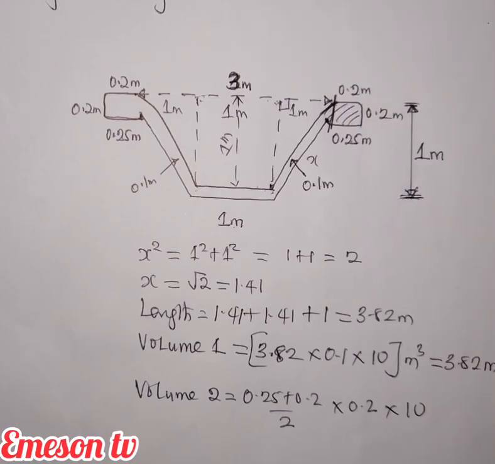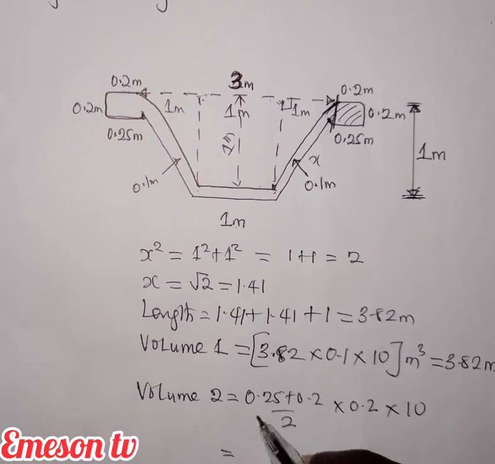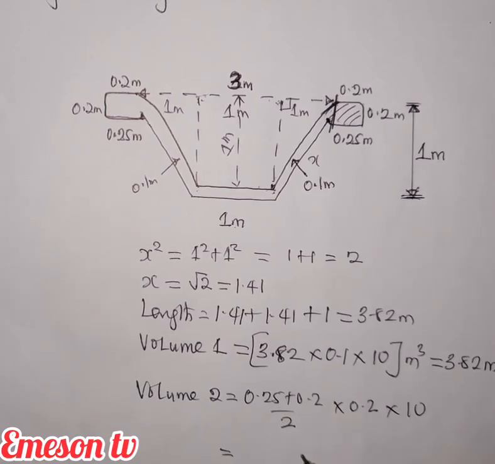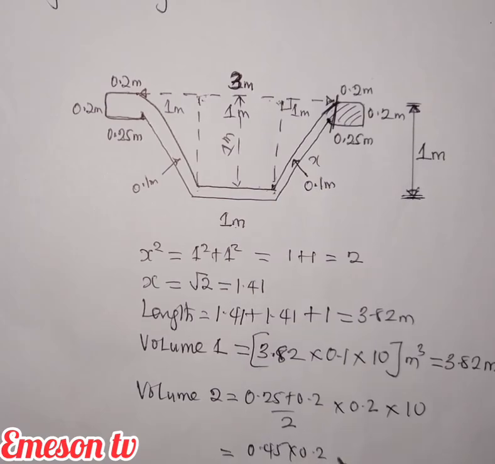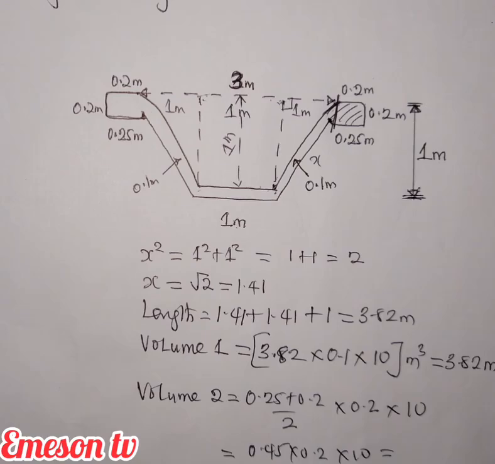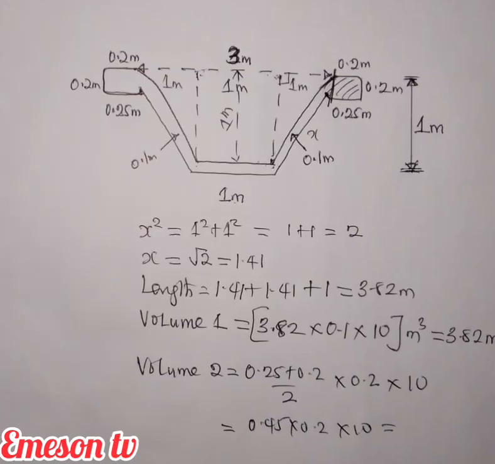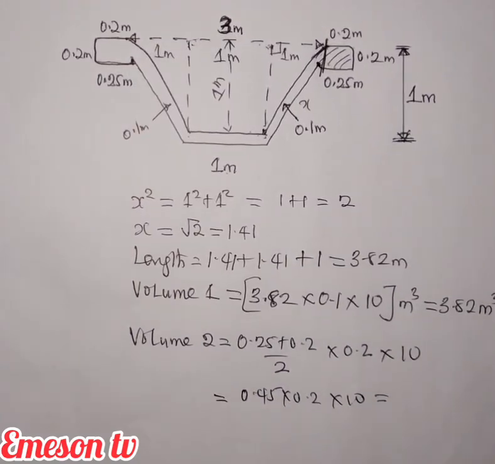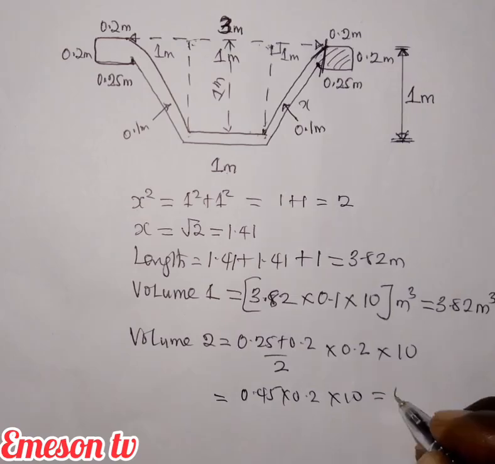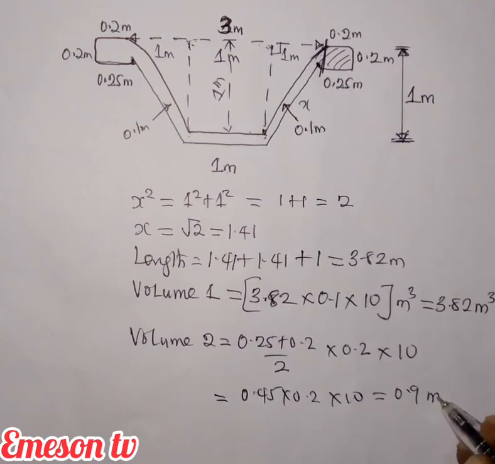So I have to proceed. 0.25 plus 0.2 divided by 2 is giving us 0.45, times 0.2, times 10. 0.45 times 0.2 times 10 is giving us 0.9 meter cube.